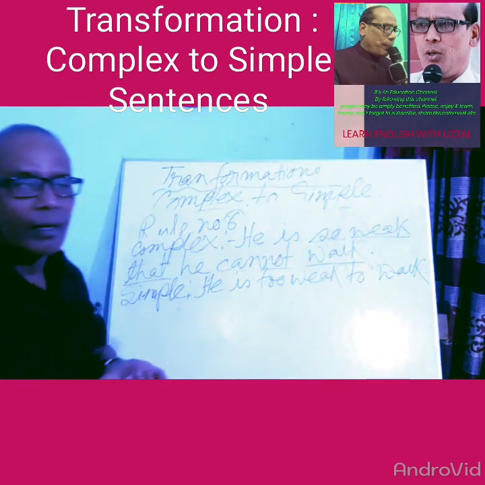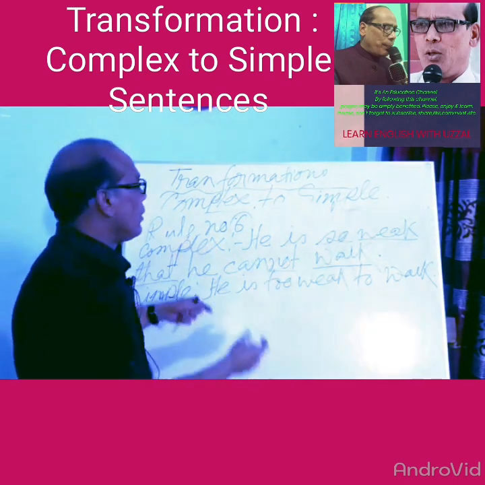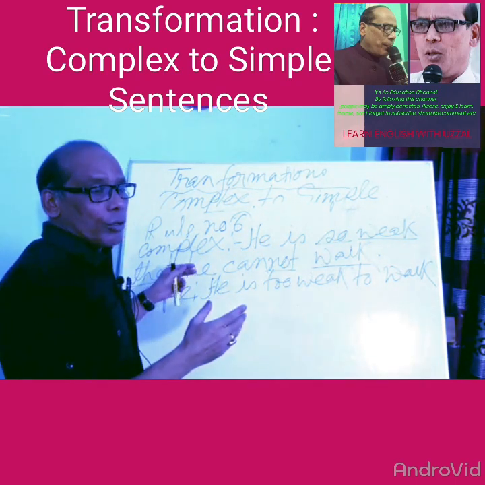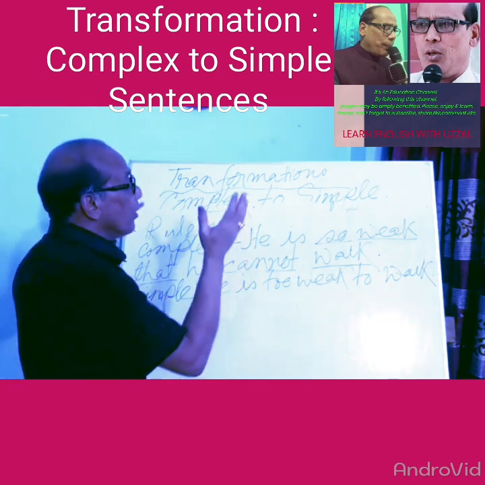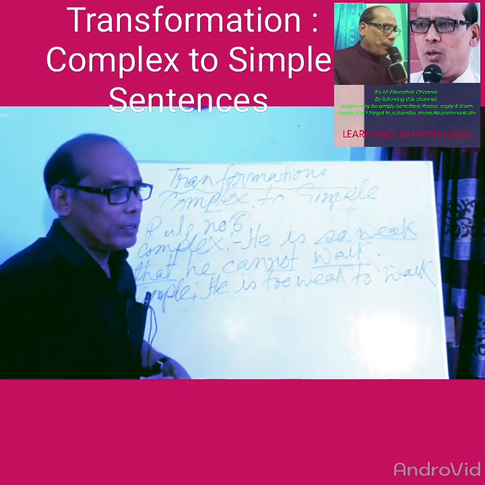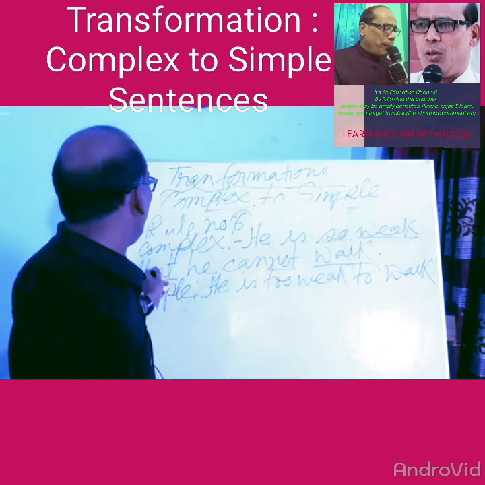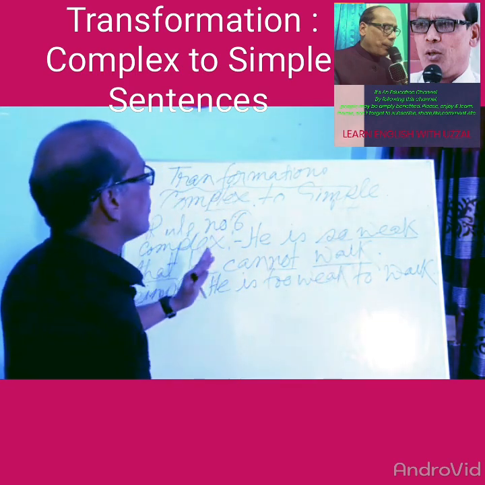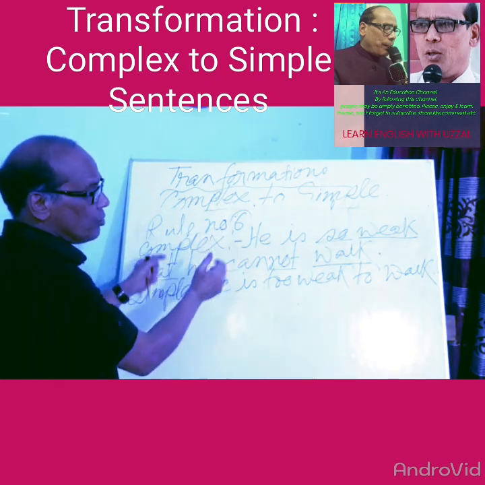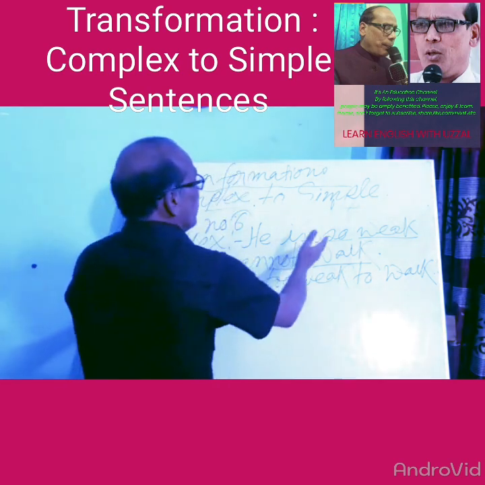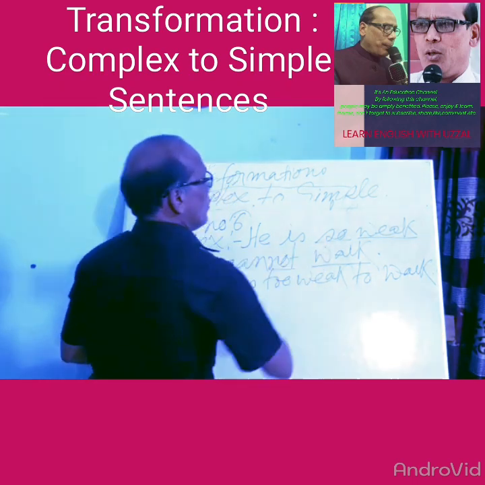Very easy form. If you find such a type of complex sentence, where "so ... that" correlatives make a complex sentence, you will have to turn it into simple in this way. You will write the preceding portion, the first clause. You will have to use "too" in the place of "so".